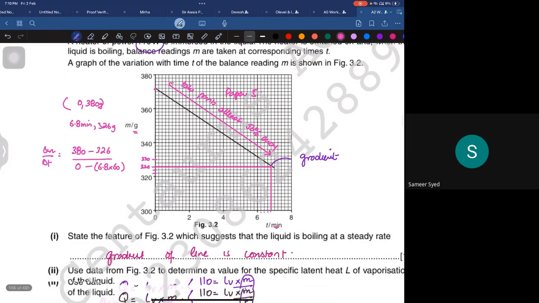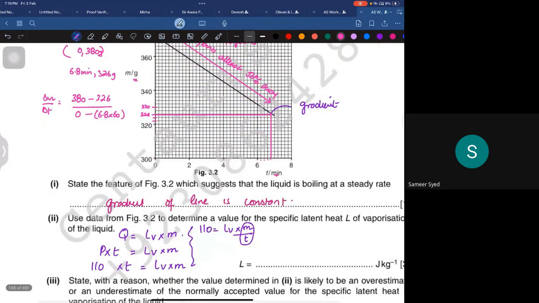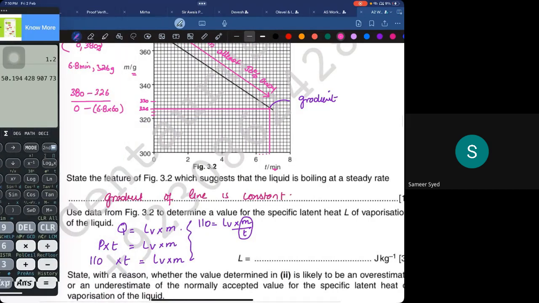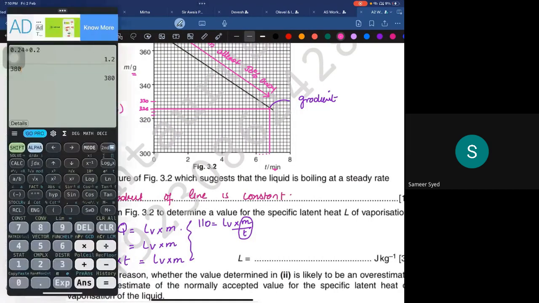Anyhow, let's find it out. If I use the calculator, it's 380 minus 326, that would be 54, and then divided by 6.8 times 60. So I will get a mass per unit time of 0.132.